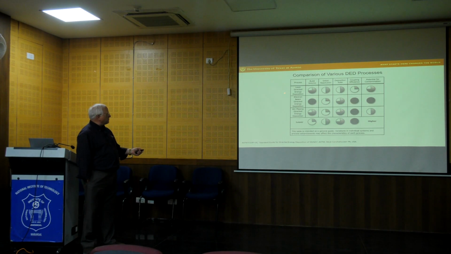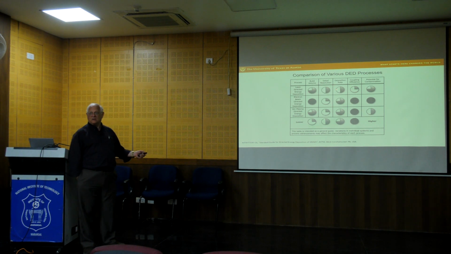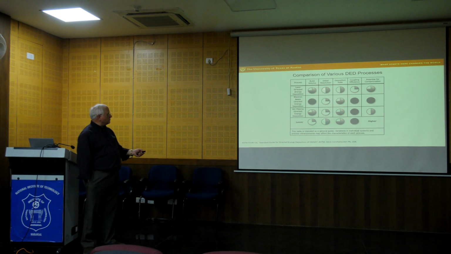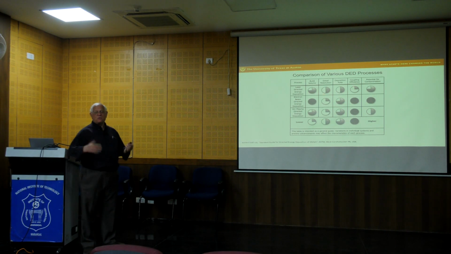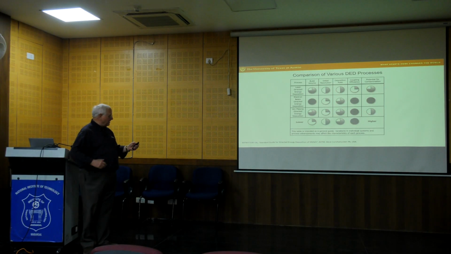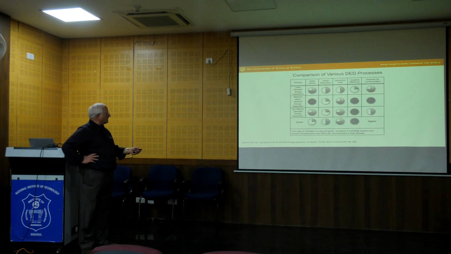The places where the laser-based processes tend to shine is, first, build volume, but also detail resolution, which is among the best for the laser-based processes. So if we're concerned about the feature size, that would lead us towards selecting a laser-based process as opposed to some of the others.